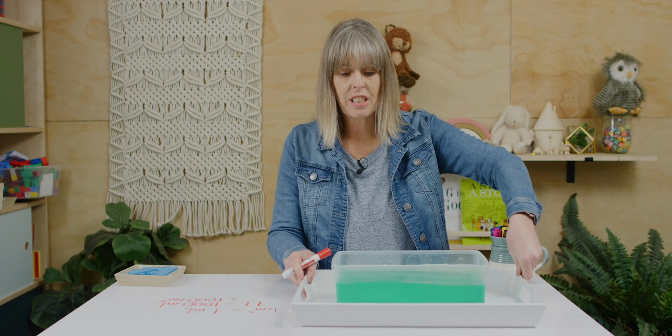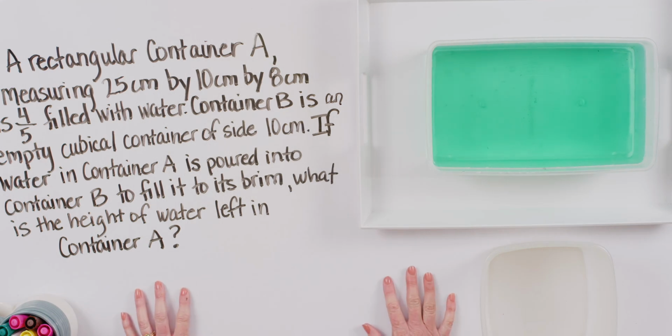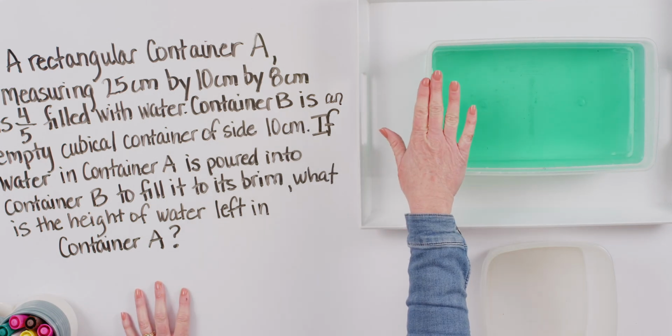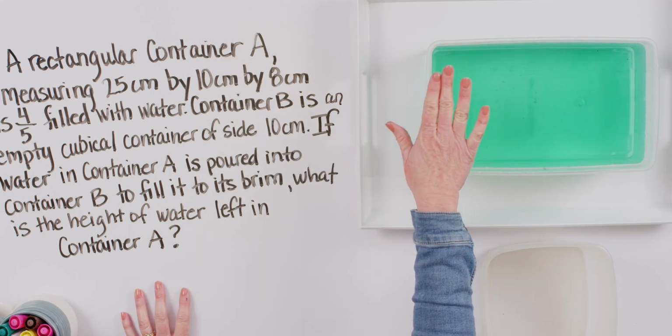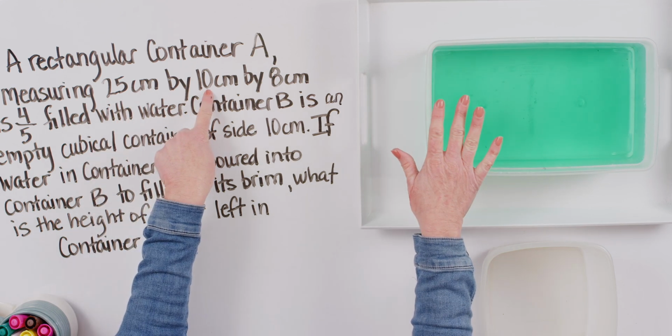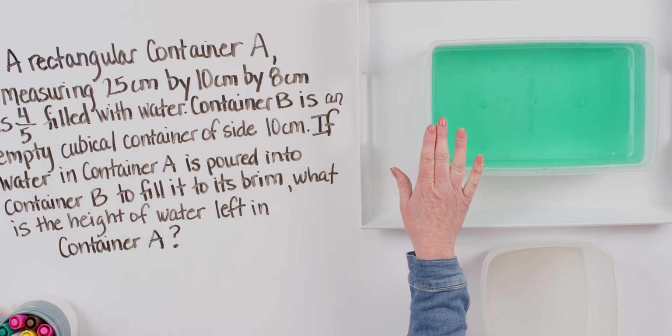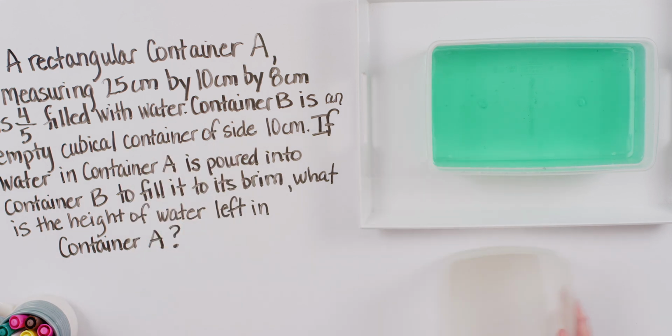I'm going to introduce us to a number story. Let's jump into our number story. So I have rectangular container A, and my rectangular container A measures 25 centimeters by 10 centimeters by 8 centimeters. And it's 4/5 filled with water. Now, container B is an empty cubical container of side 10 centimeters.